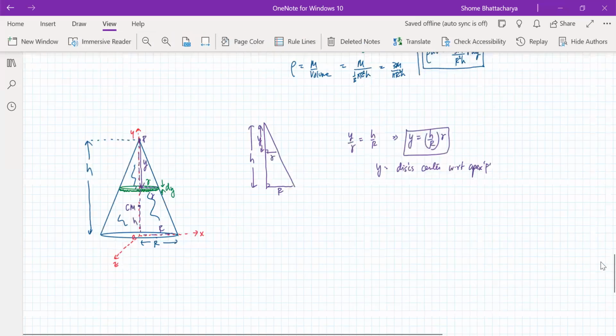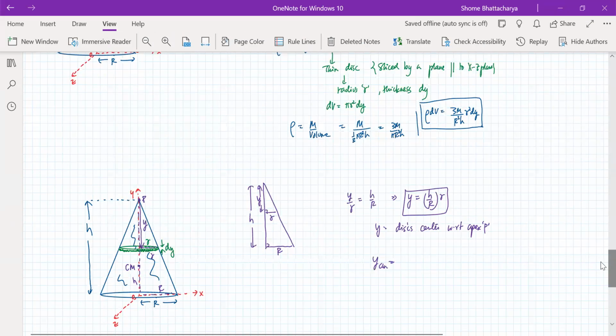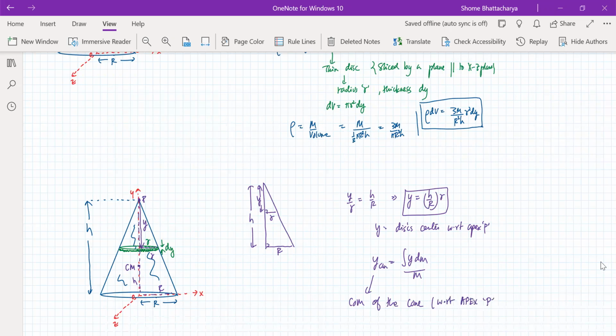So the YCM we will get is the center of mass of the cone, but it is going to be with respect to the apex, because we have done this referencing. Okay, so now let's substitute.